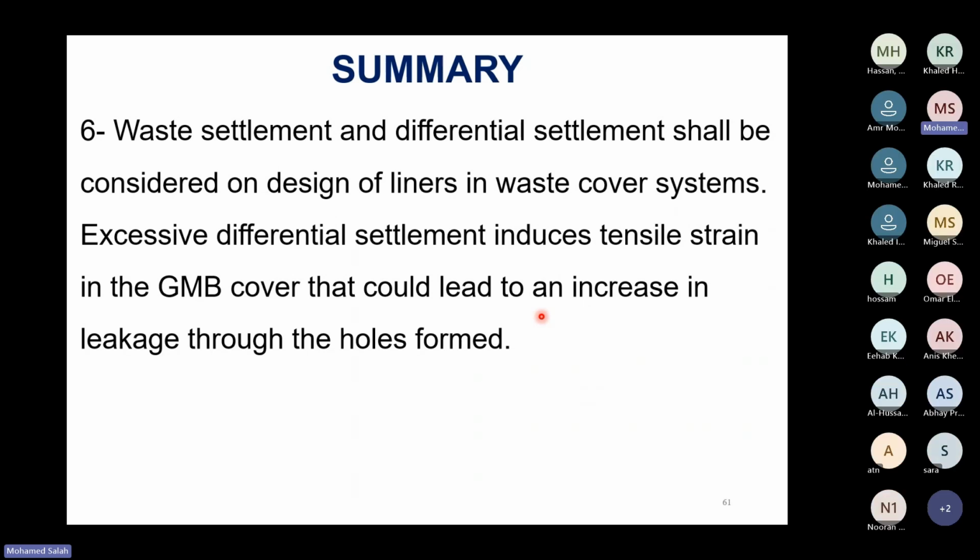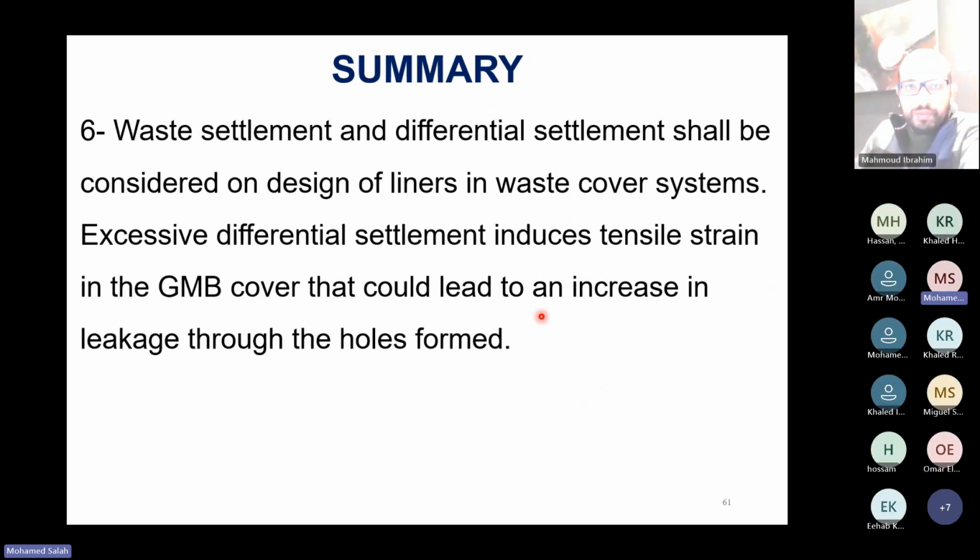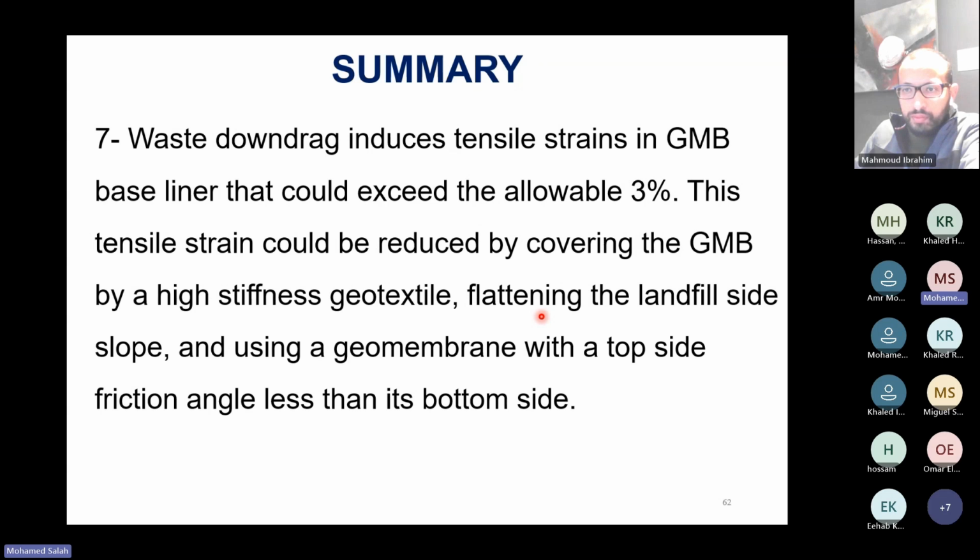Excessive differential settlement induces tensile strain in the geomembrane cover that could lead to an increase in leakage through the holes formed. Finally, waste down drag induces tensile strains in the geomembrane-based liner that could exceed the allowable 3%. This tensile strain could be reduced by covering the geomembrane with a high stiffness geotextile, flattening the landfill side slope, and using a geomembrane with a top side friction angle less than its bottom side.